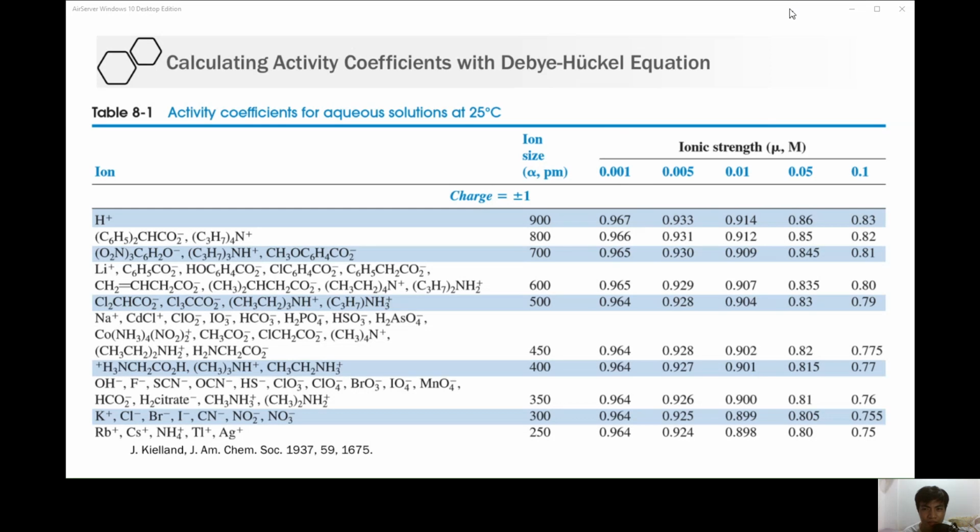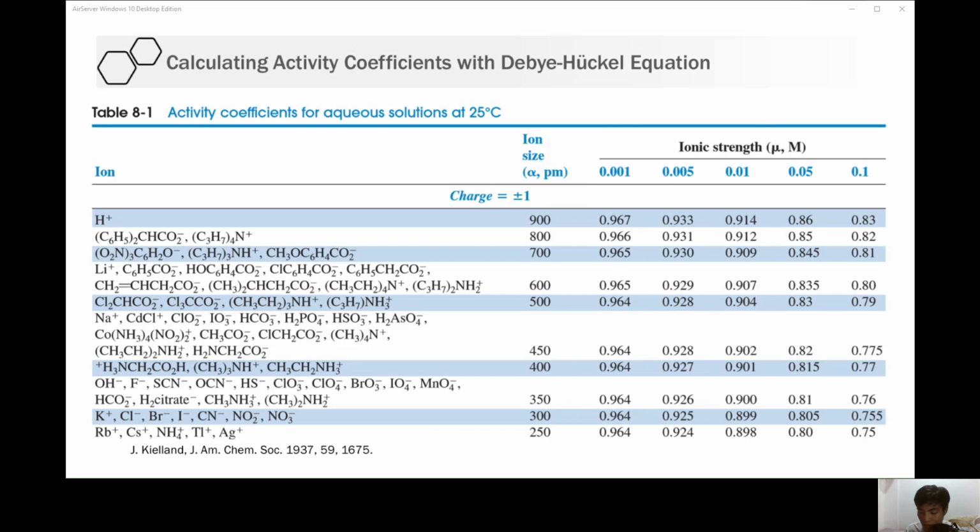However, if your ionic strength value is greater than the range of this table, so that means, for example, 0.15, 0.2 and above, or 0.001 or below, then you have to use the Debye-Hückel equation or the Debye-Hückel limiting law. Okay, so with that, let's apply all these concepts in calculating for the equilibrium problems involving this concept.